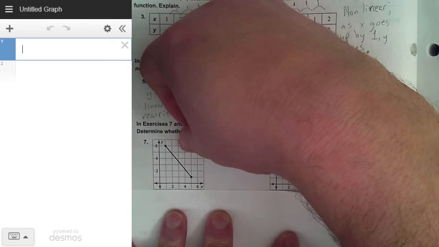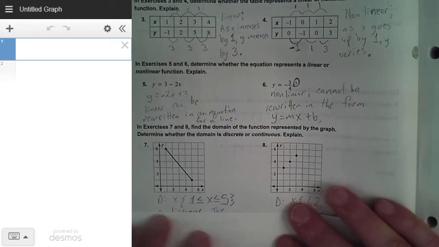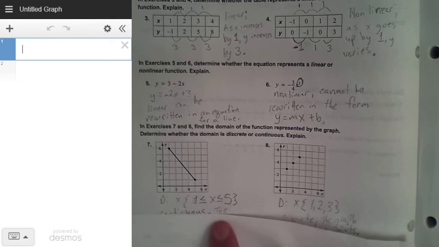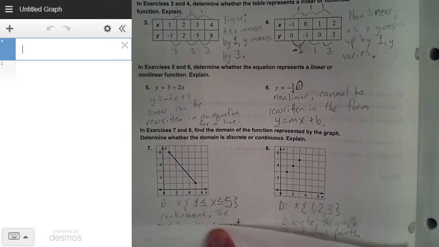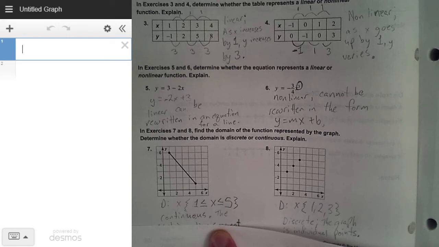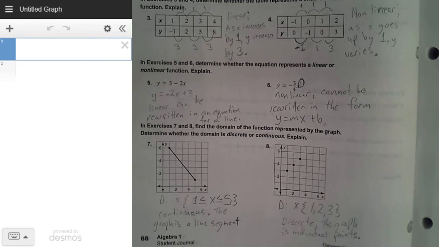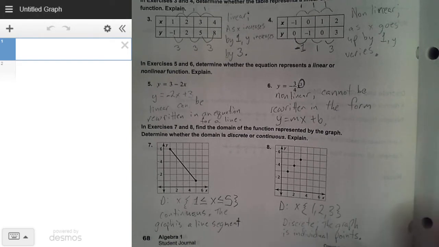To write that, our domain is x values where x can be any value between 1 and 5, including those endpoints. So this is continuous. It's continuous because we can write it as that inequality, and because it's a line segment is our reasoning there.